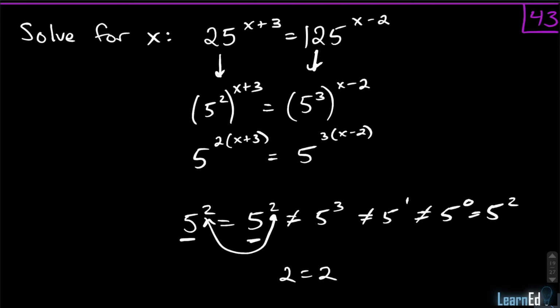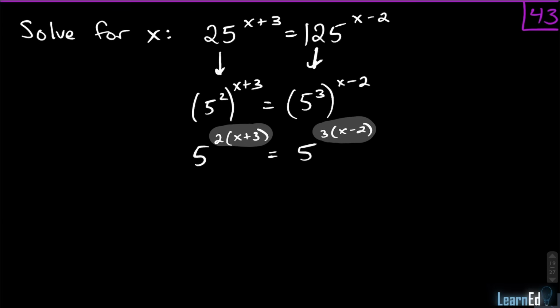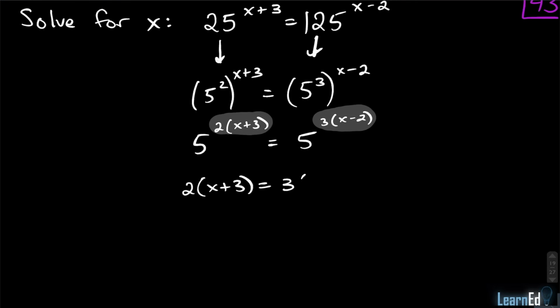So we know that the exponent here needs to equal the exponent here. So 2 times x plus 3 needs to equal 3 times x minus 2. We distribute here, and we get 2x plus 6 equals 3x minus 6.